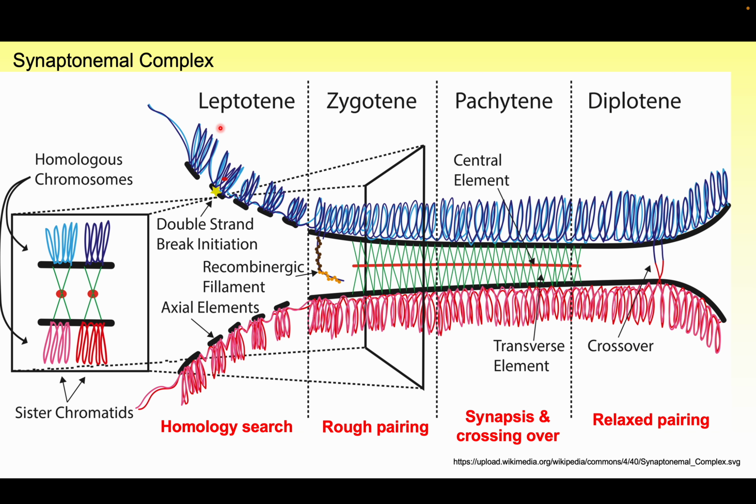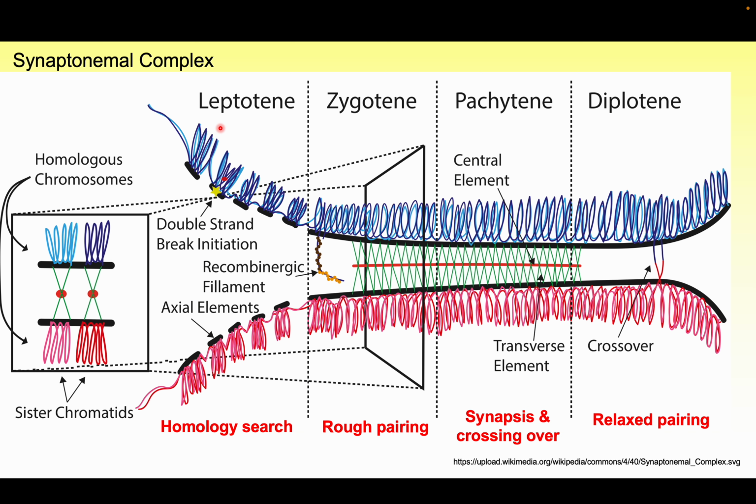The synaptonemal complex is a multi-protein complex that is formed between homologous pairs of chromosomes during the prophase 1 stage of meiosis 1. And it's meiosis specific. You cannot expect it to be present in mitotically dividing cells.